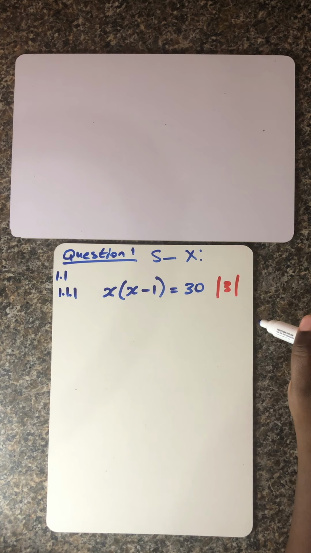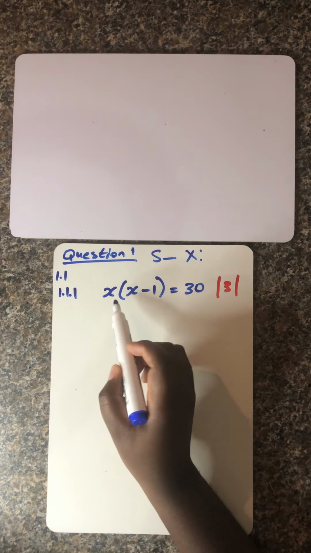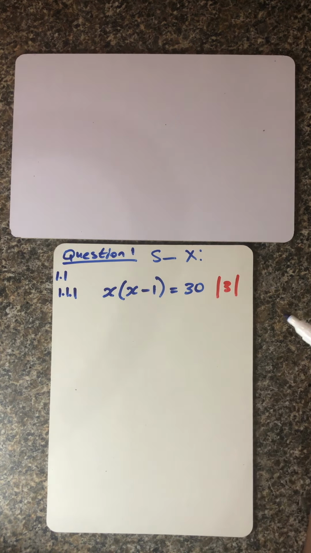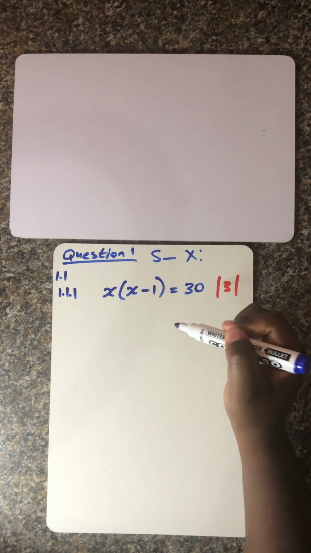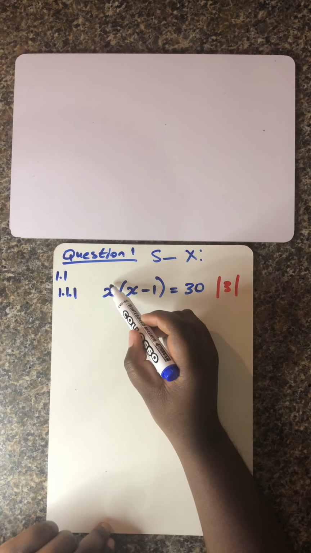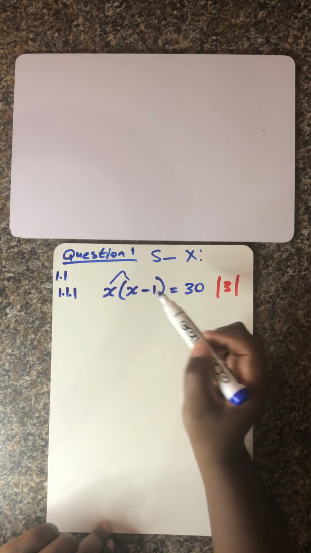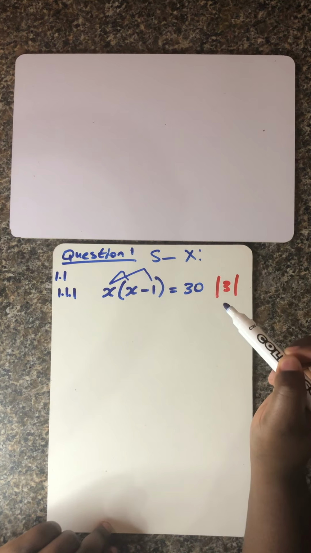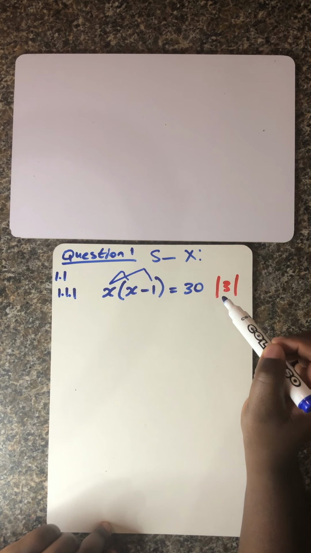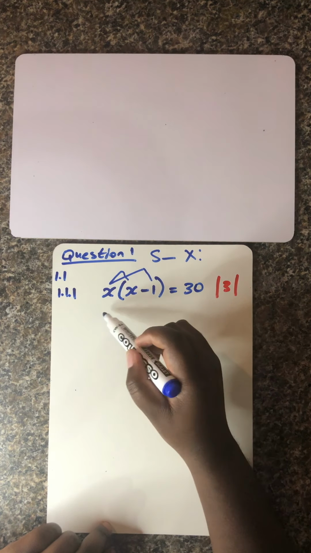So obviously your starting point, ladies and gentlemen, is to remove the brackets. Okay, so in order for you to remove the brackets, obviously you multiply by the outside term, you multiply again by the outside term, and then from there you just write the product.